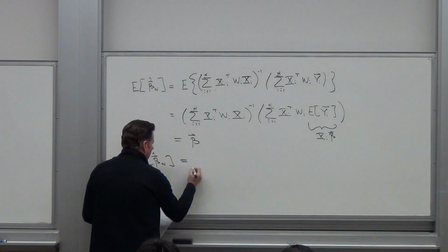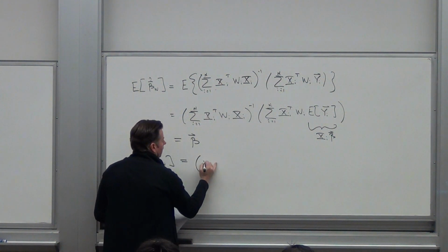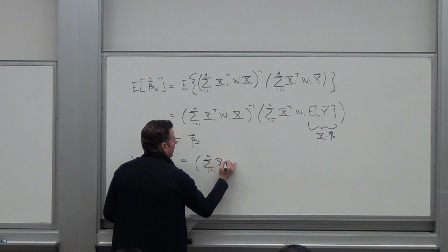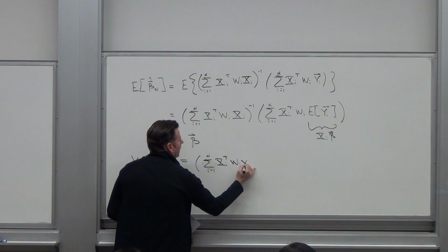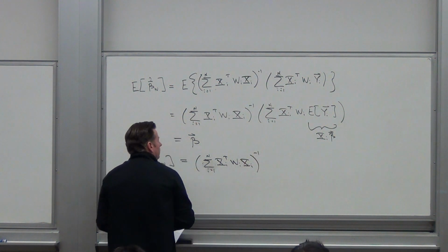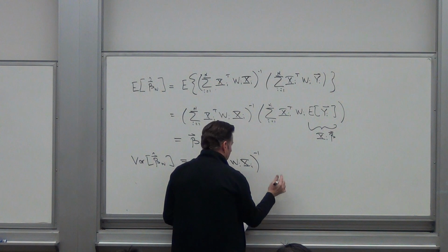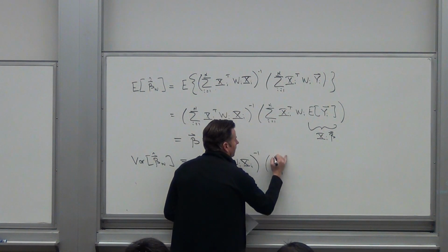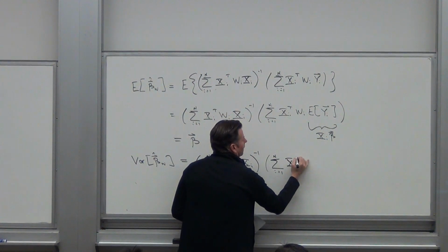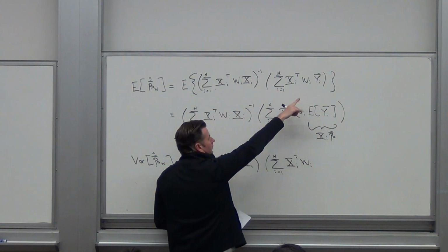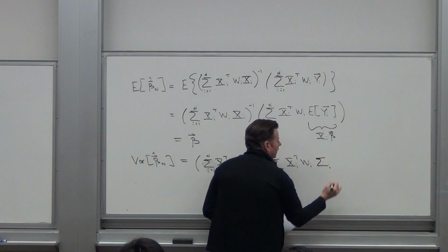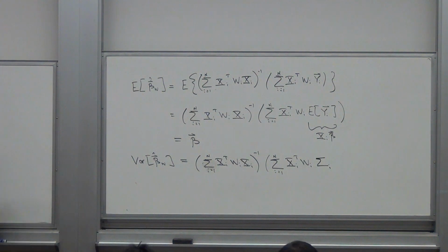So for the variance, what I'm going to get is, let's see, this thing's a constant. It's going to pop out to the left. Sum over clusters, xi transpose wi xi inverse. Then what I'm going to get inside is the variance of this guy. Well, that's going to look like the sum i equal 1 to capital N, xi transpose wi, and then I'll have the variance of yi sitting in the middle. I've been calling that sigma i, right? That's just the variance of yi.